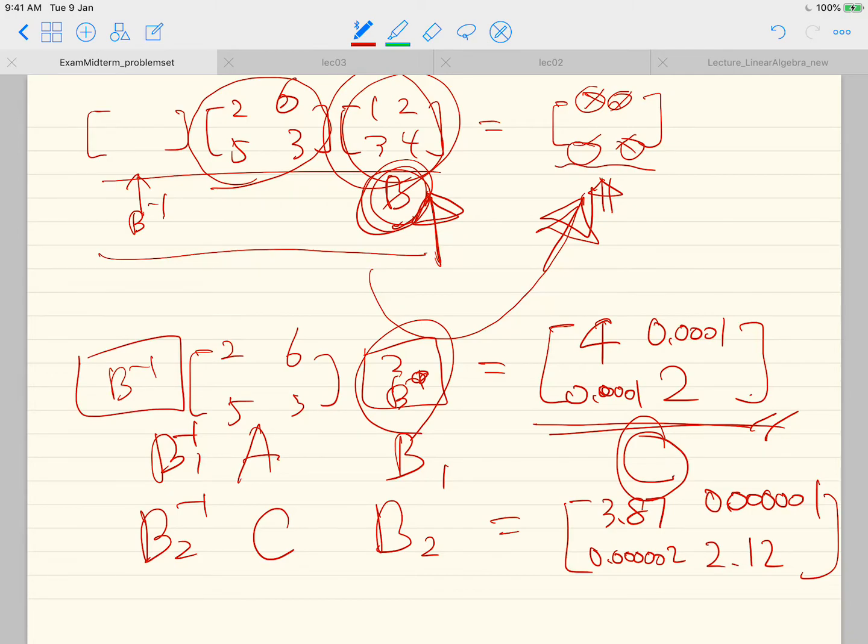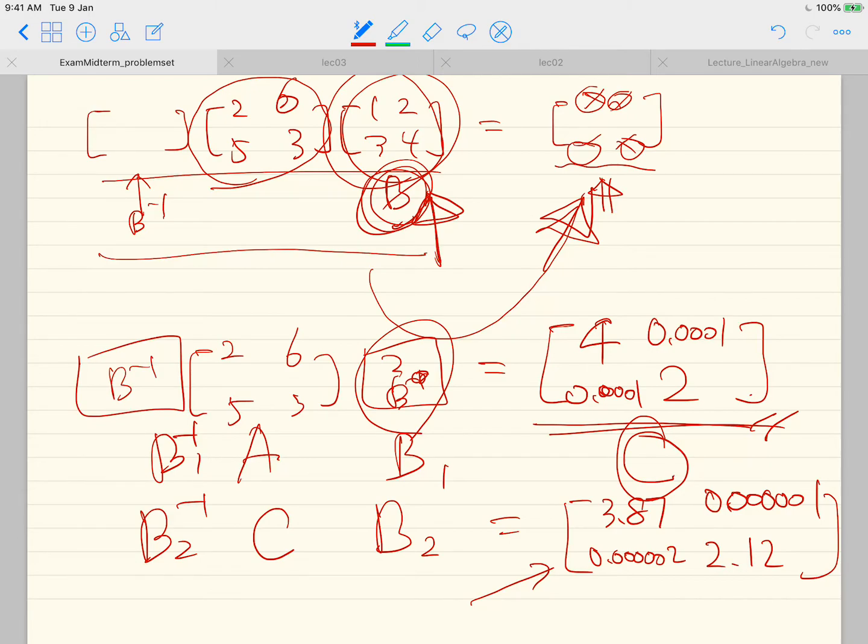Again, we kept applying similarity transformations, and thus the eigenvalues remain the same. If it is really close to a diagonal matrix, now we can conclude that our eigenvalues are 3.87 and 2.12.